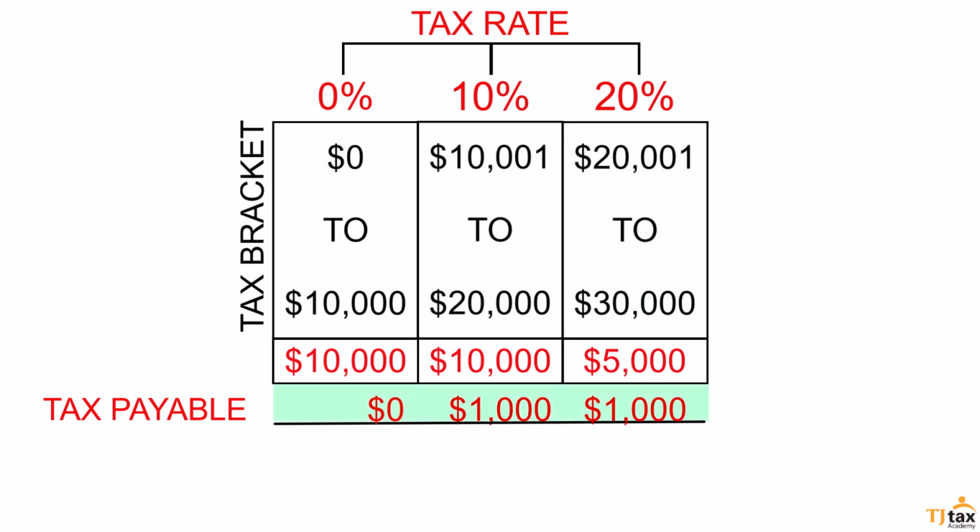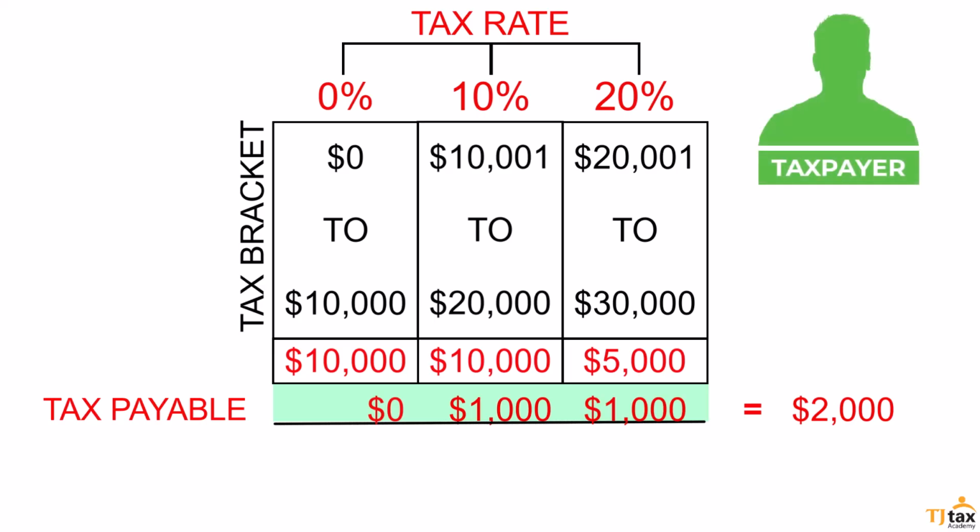So now, I add all the tax brackets to see what the total will be. $0 plus $1,000 plus $1,000 equals $2,000. Which means, if you had a taxable income of $25,000 using this tax system, you'll be liable for a tax of $2,000 and not $5,000.